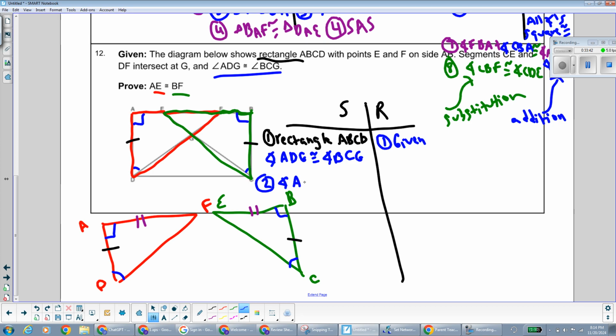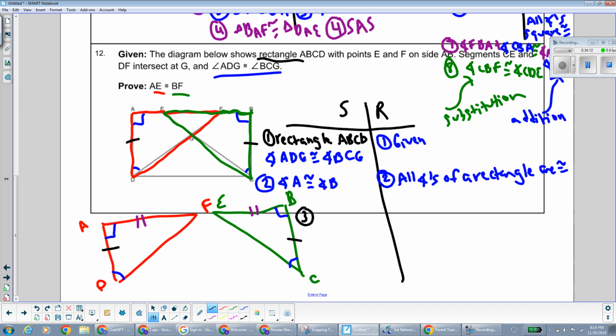Angle A is congruent to angle B. And I'm just going to write here, all angles of a rectangle are congruent. It's true, right? That's how we knew it from knowing we have a rectangle. I could write angle A and angle B are right angles, and then all right angles are congruent. But why would I do that? This does it in one shot. Why do it if I don't need to, right?